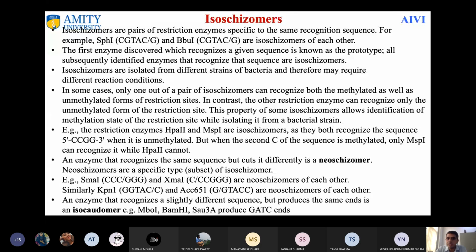So what is the definition? The definition is a pair of restriction enzymes specific to the same recognition sequence. What type of enzymes are these? They are enzymes which you got from two different sources. If you get an enzyme from E. coli which recognizes the same recognition sequence, then it is not going to be an isomer, it is going to be the same enzyme.